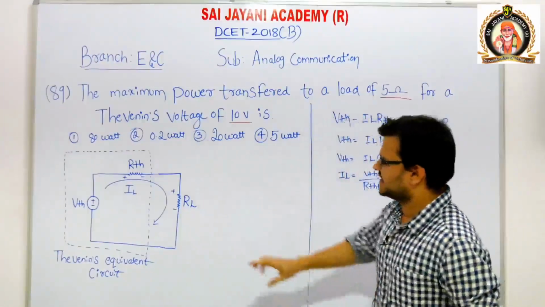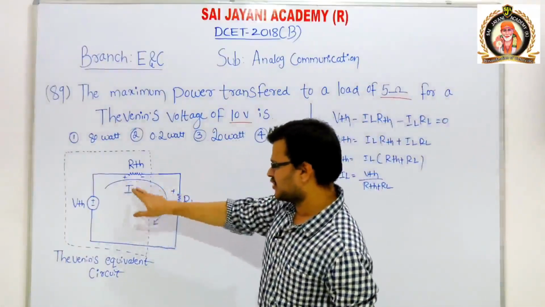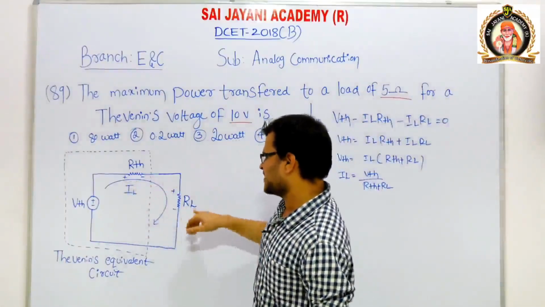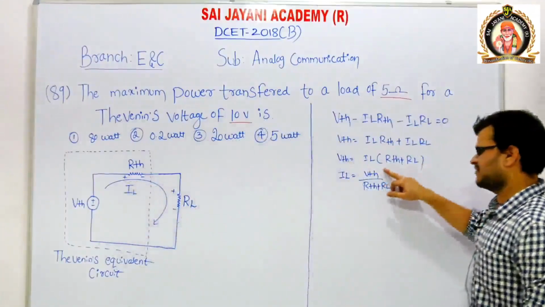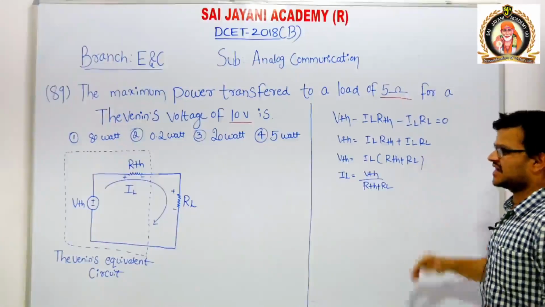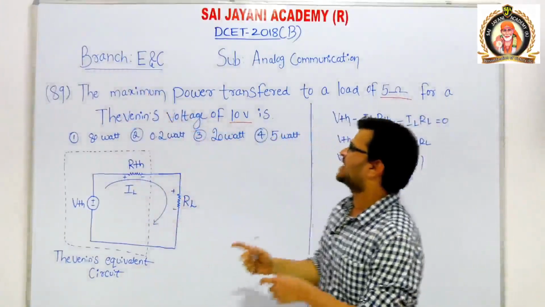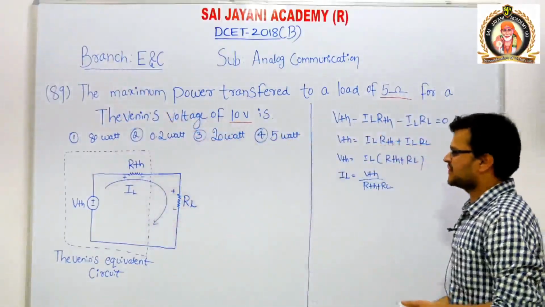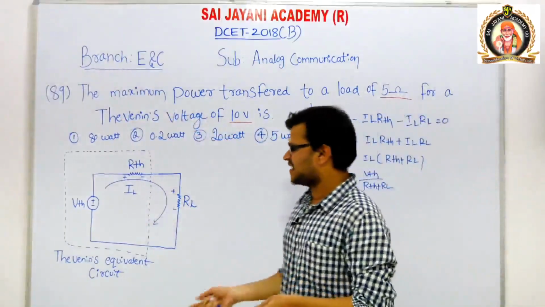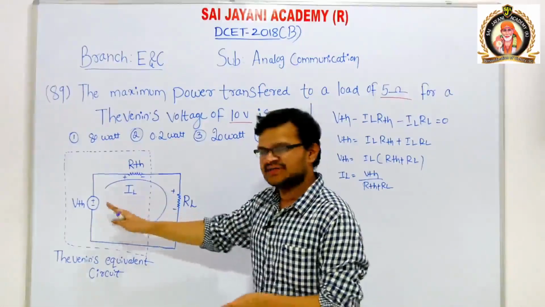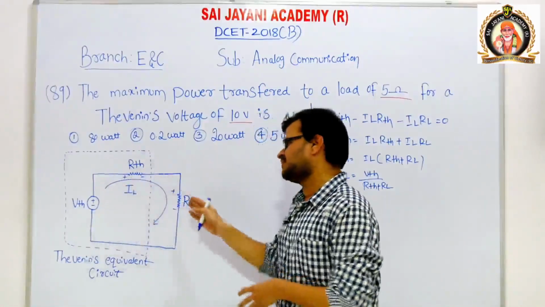That means the load current IL which is flowing through the load resistance is given by VTh divided by RTh plus RL. But what is mentioned in the question is the maximum power transferred to the load. That means we have to calculate how much maximum power is delivered from the source to the load.